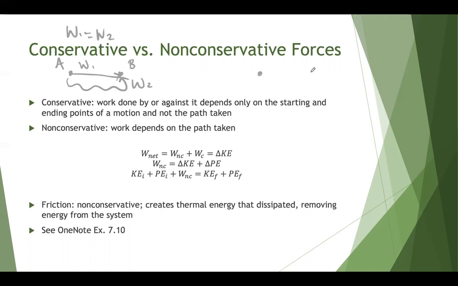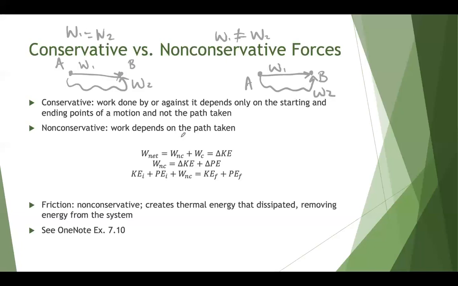So again, I have 2 points, A and B, and I first travel, and I have some work done here, W1 versus W2. Non-conservative forces say that these two amounts of work are not the same, even though they go from A to B the same exact way, just a different path.